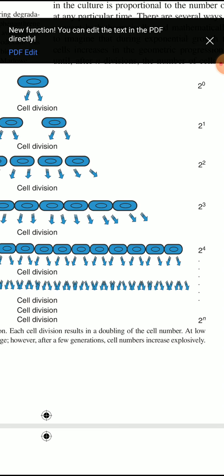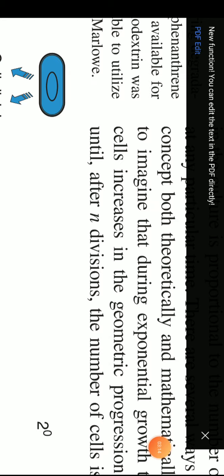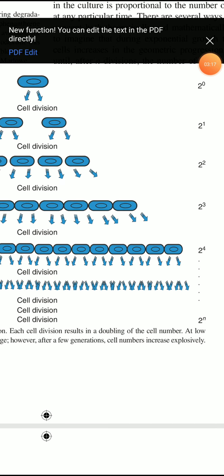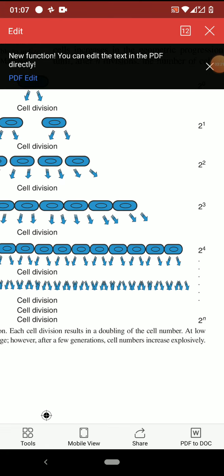In the 0 generation, that is the first point, when there is no division, there is a single cell, right? So 2 power 0 makes 1. Now when this cell divides into 2, that is 2 power 1. 1 is the first division or the first generation. So 2 power 1 gives you 2 cells.